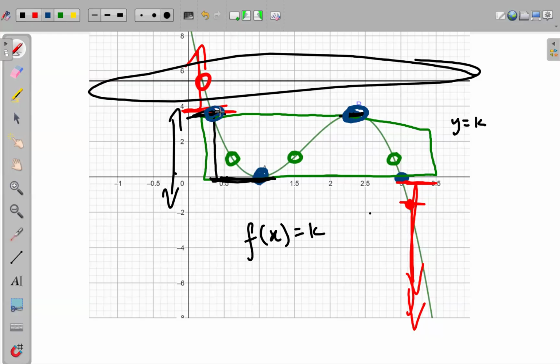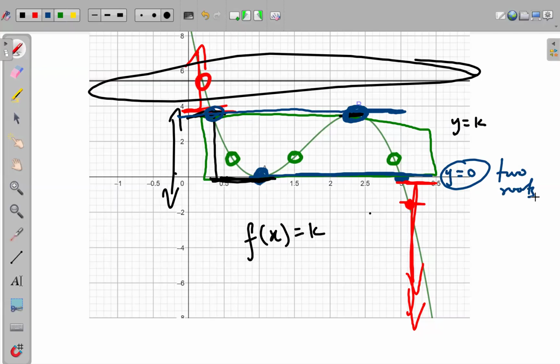So there are 2 solutions actually in this one. You will get the line y equals the y value of the turning point at point B, and you'll get y equals, well, in this case, 0. We can all see that.